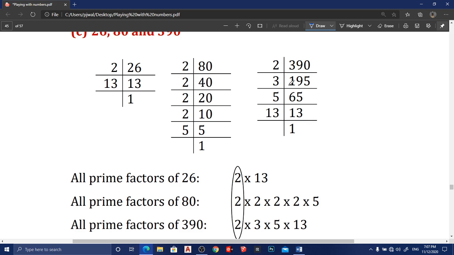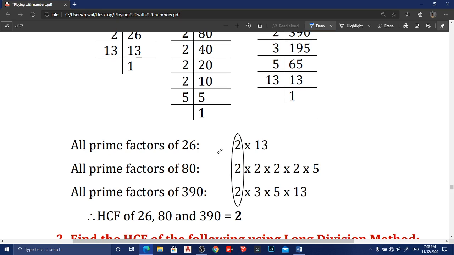Next, you can divide this with the 3 table, because 9 plus 5 is 14, plus 1 is 15, which is divisible by 3. 3 6s are 18, 1 is the remainder, 15; 3 5s are 15. Next, 5 13s are 65, 13 1s are 13. So now list out all the factors: 2 into 13; 2 into 2 into 2 into 2 into 5; 2 into 3 into 5 into 13.